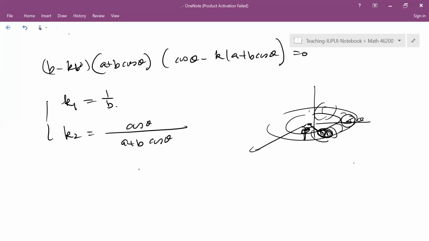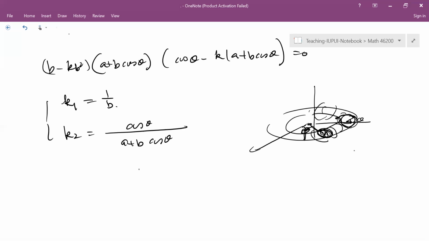Okay, but on the same circle, if the angle theta changes, then the surface is more curved inside here and less curved outside.